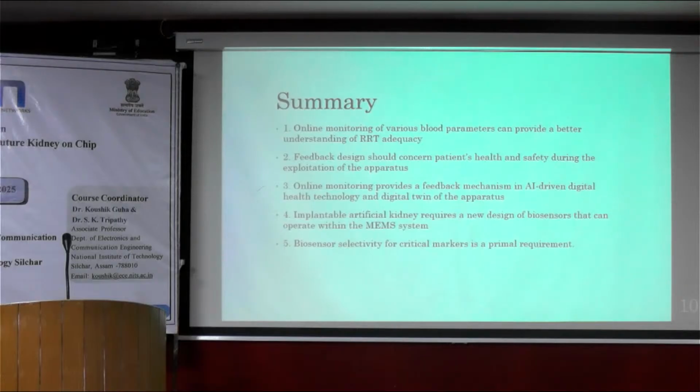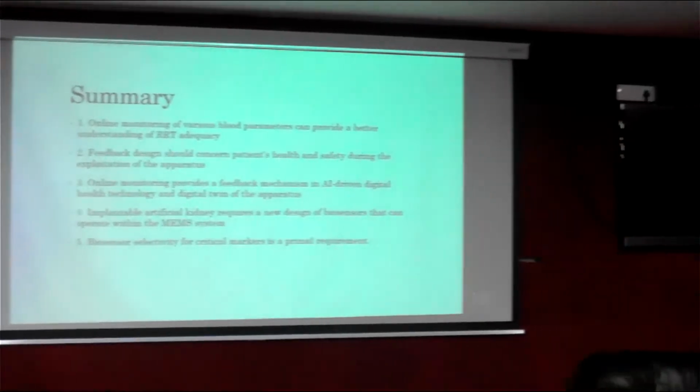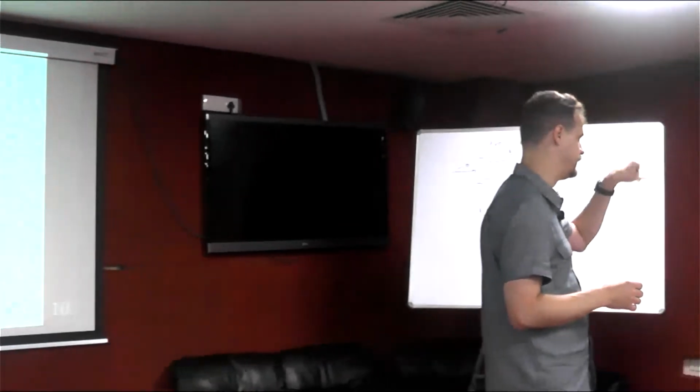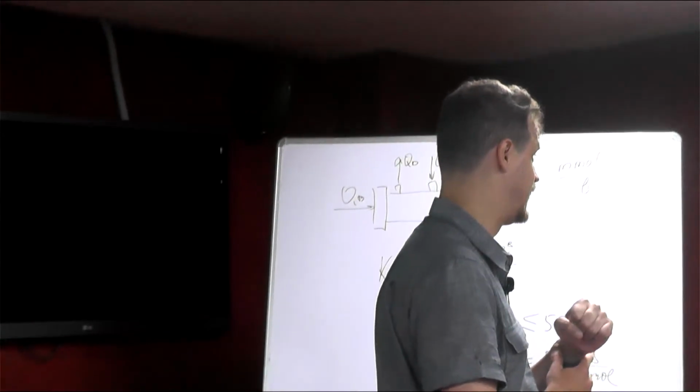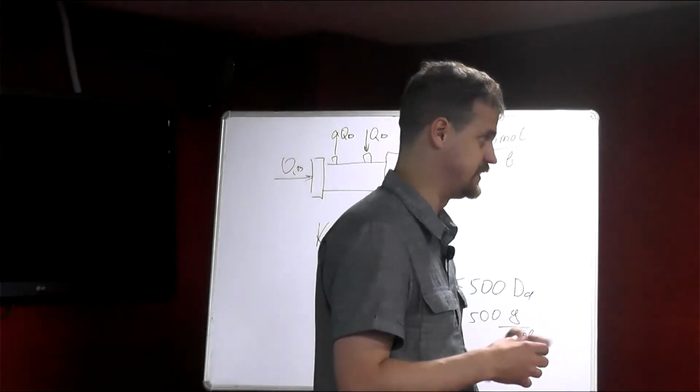In order to evaluate the clearance and the detoxification of the blood of the patient, we need to establish what kind of parameter we have to control primarily, and what parameter is easy to control. And we need to establish a set of sensors that will allow us to recalculate some essential parameters like clearance, or the parameter Kt/V, which basically shows us at what rate we clear the blood of a specific substrate.